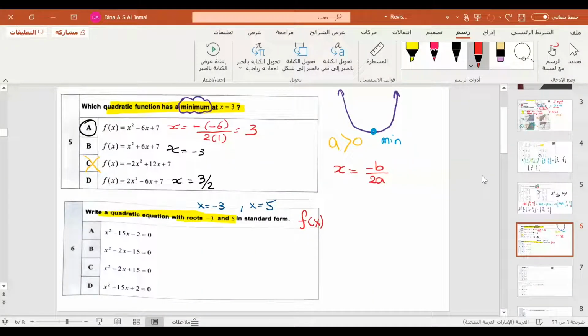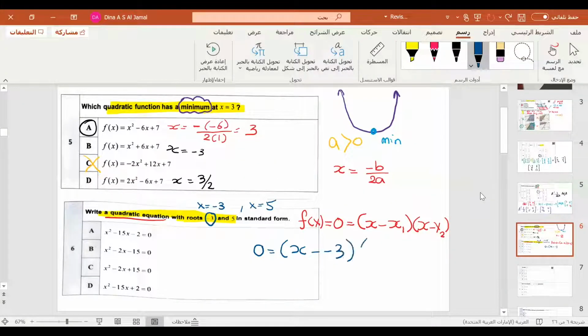Whenever you would like to write a quadratic equation, you will substitute f of x with 0 equal to x minus x1, x minus x2. So 0 will be equal to x minus whatever he gave you, x minus whatever he gave you.